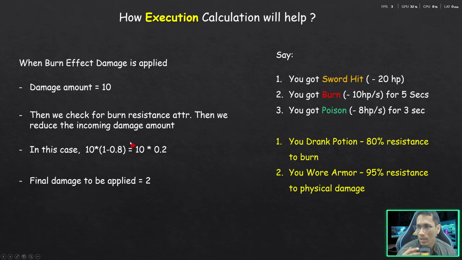Now there can be a lot of damages: burn, poison, bleed, lightning, stun, dizziness, a lot of damages. So in such situations, you cannot put everything in one calculation function. So in such a situation, what I recommend is to group them further. That means, let's say if it's a burn or a chill, these are elemental damages.